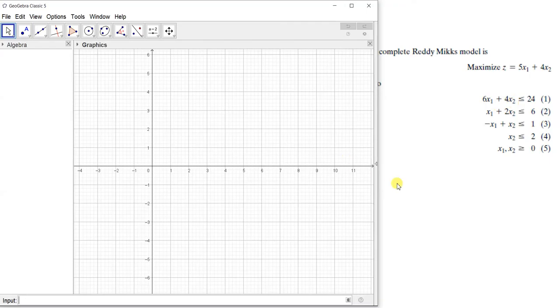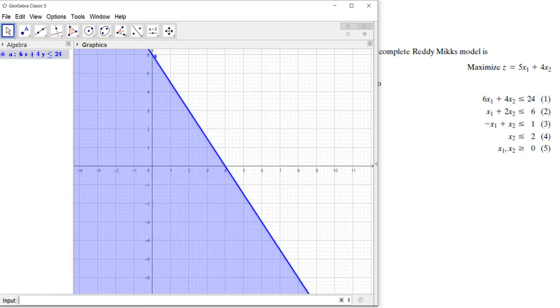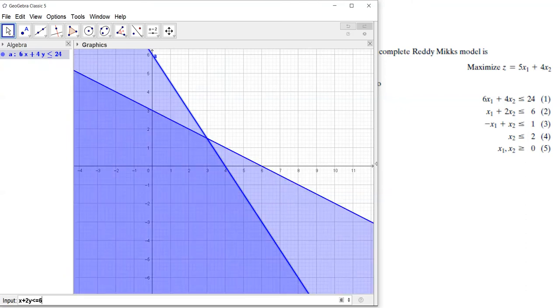So the first constraint is 6x plus 4y less than or equal to 24. So we have this region. The second constraint is x plus 2y is less than or equal to 6.